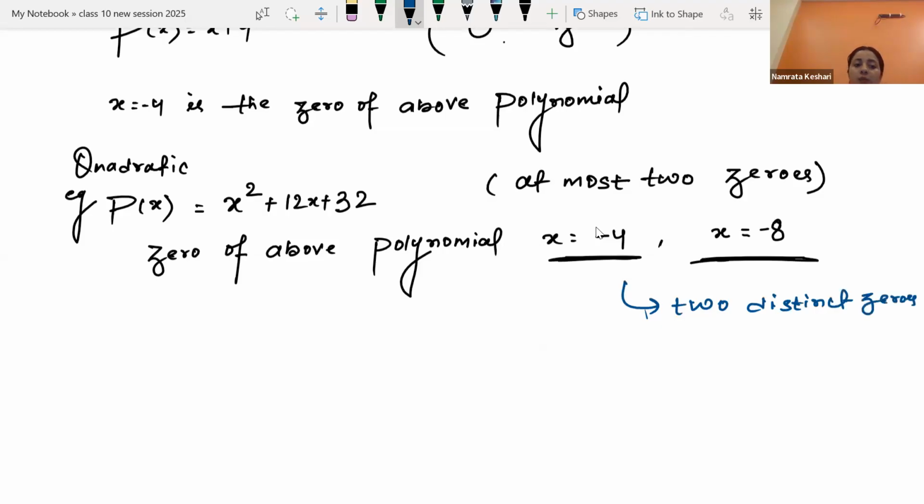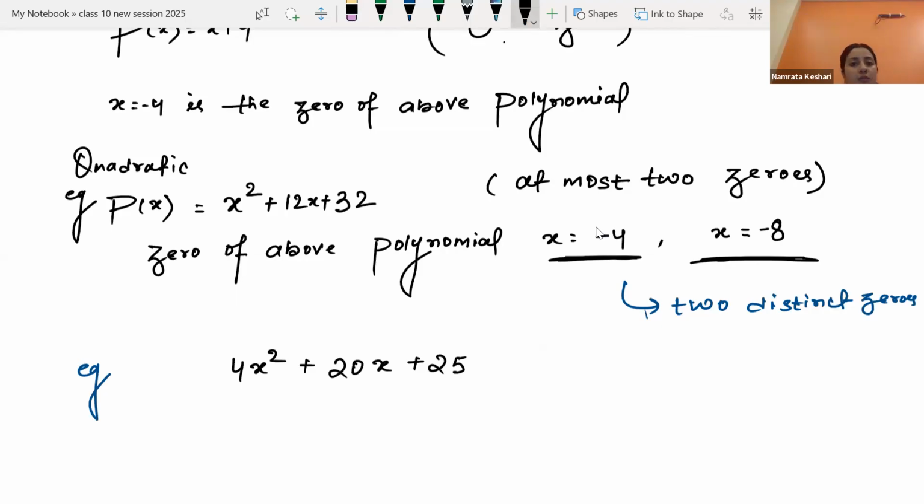Another example, suppose we are having 4x square plus 20x plus 25.